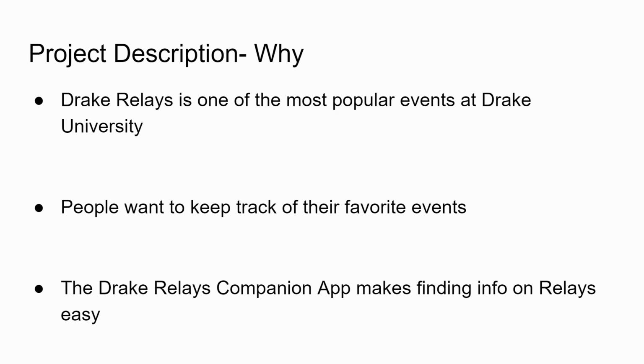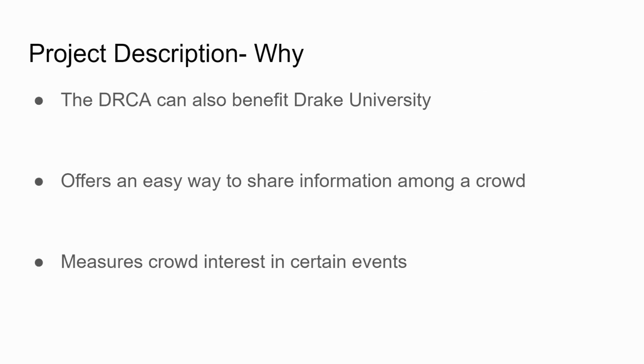One of the major goals of this app is to provide students and visitors with easy access to information regarding Drake Relays. This app also has a second major goal: make it easier for the university to run relays. One of the hardest parts of holding a large event like relays is communication.